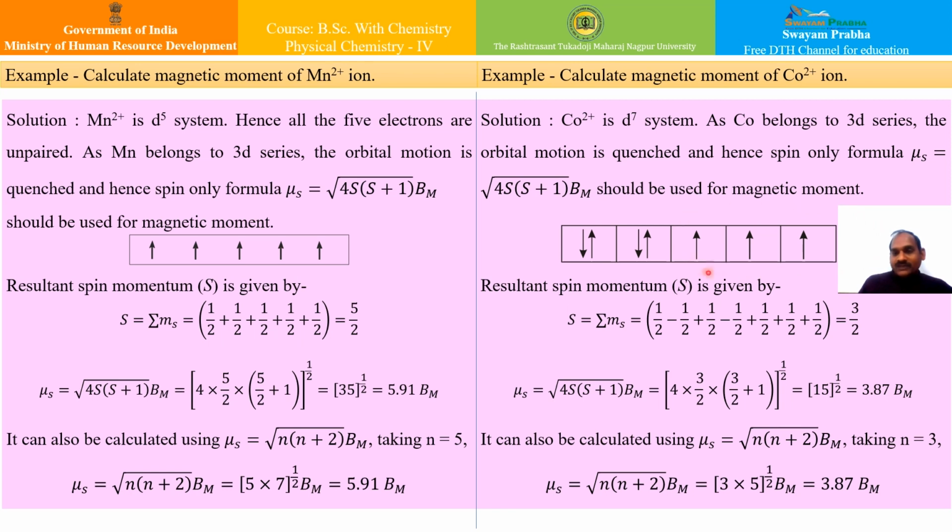The number of unpaired electrons is 3. So I can calculate the resultant spin momentum using this, or I can simply calculate using the formula mu s is equal to square root of n into n plus 2 into BM. Now taking n is equal to 3, I reach the same answer. So the magnetic moment of cobalt 2 plus ion is 3.87 BM.